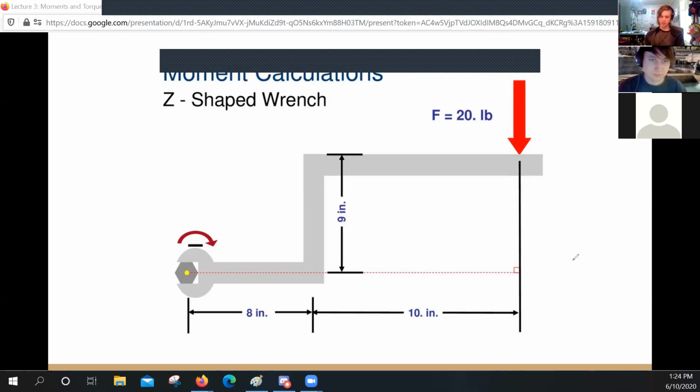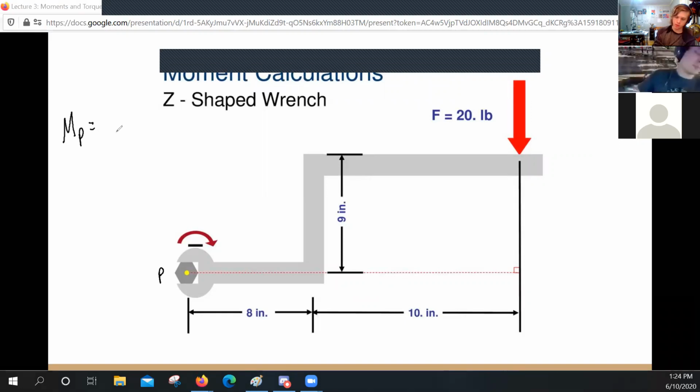But basically, this is showing what I was explaining earlier about how a bent item can still, you can still do the same calculation. So we'll call this P, and we're going to say moment P equals the sum of all moments around P, okay?